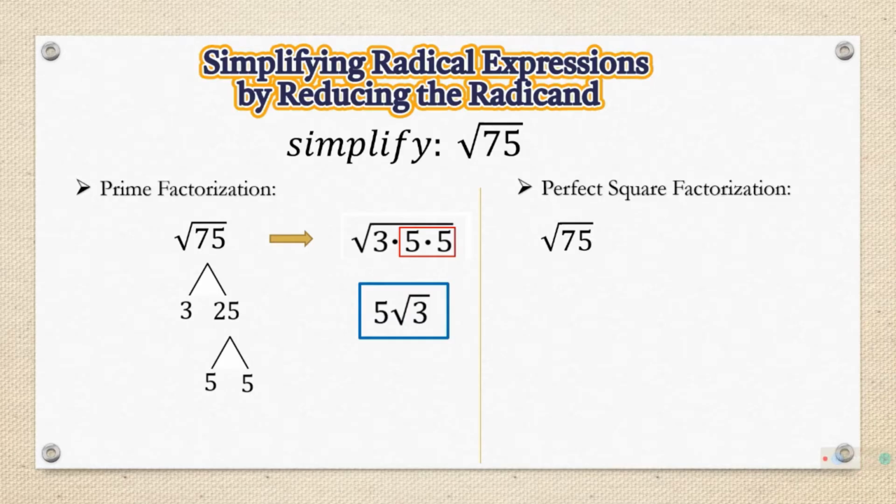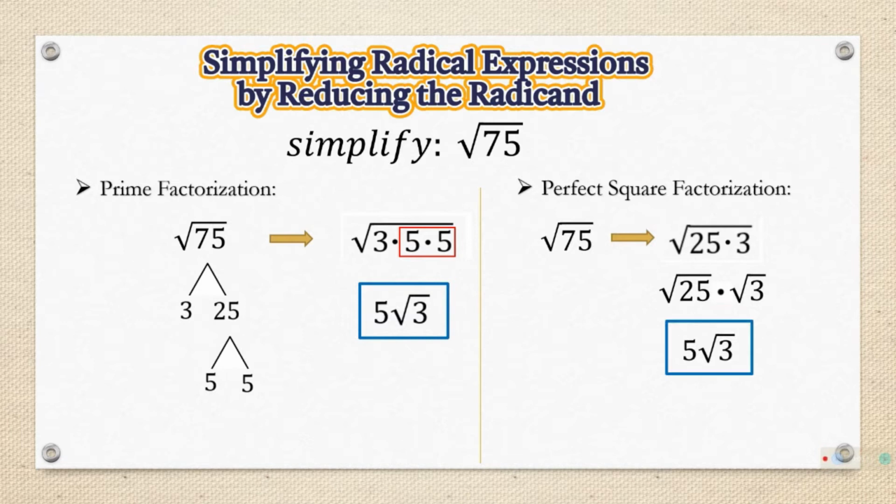The factor of 75 wherein one factor is a perfect square is 25 and 3. And the factors can be written separately as square root of 25 times the square root of 3. Since 25 is a perfect square, we will have 5 square root of 3. As you can see, both solutions have the same answer.